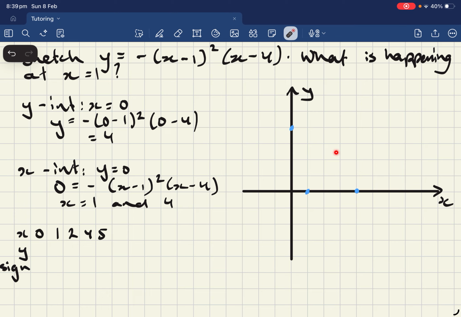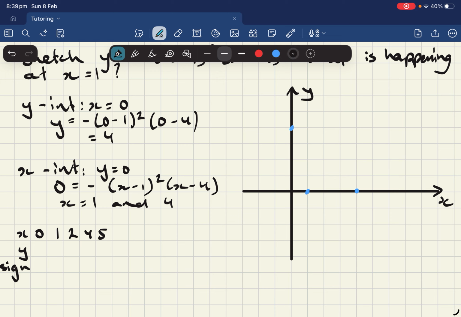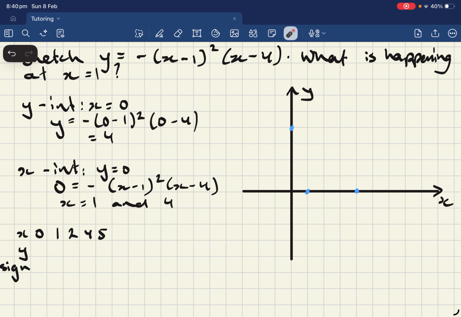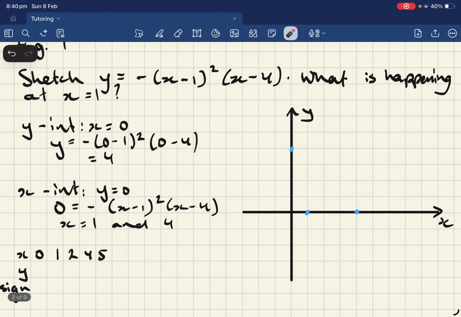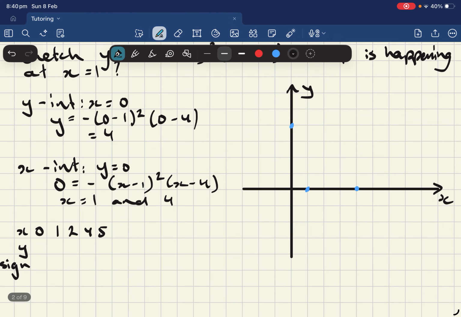So I'm just going to substitute these into the rule. You can pause the video and have a go at substituting these x values into the rule up here to find the respective y value.